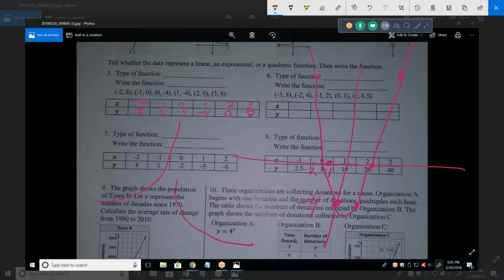Well, okay. So first of all, we know that it's quadratic. Now, writing the function. This is actually a big subject because we kind of need to talk about the various formats for quadratics.